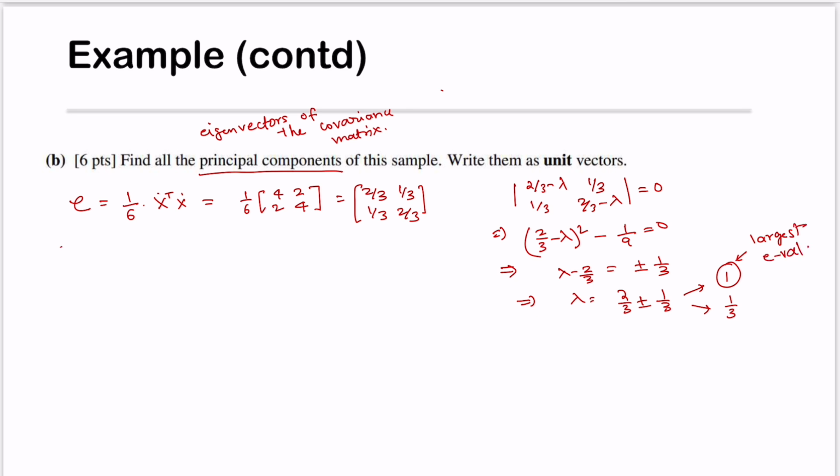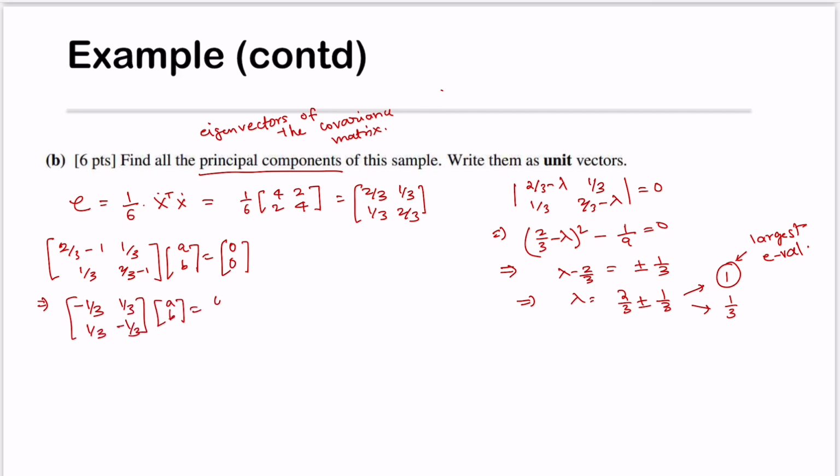So to find the principal components, we need to find the eigenvectors corresponding to these eigenvalues. So proceeding in a similar fashion, let me denote a and b as the components of eigenvector v1 corresponding to the eigenvalue 1. And then it turns out to have the equation a minus b equal to 0 and b minus a equal to 0, which essentially means that both of them are equal, so we can take them as 1 each.